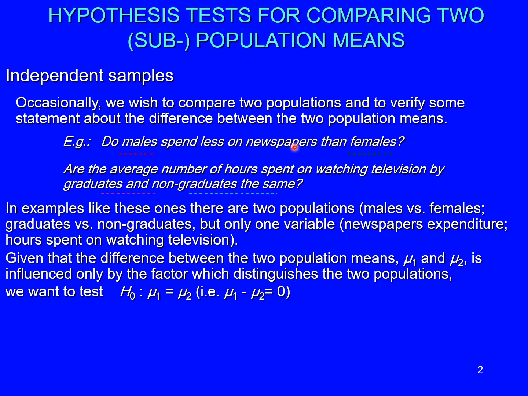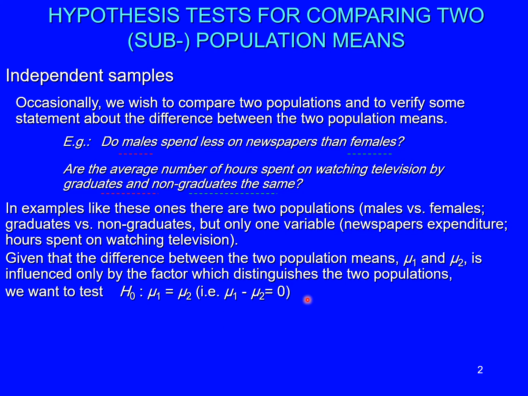For this, we can say that this is a problem of the difference between two means. We can call this problem testing hypotheses around two means, or the difference between two means. Equality of two means or difference between two means, they are the same.